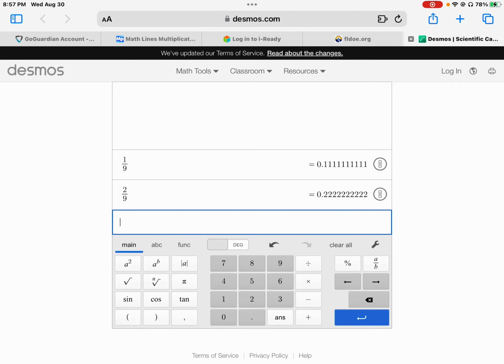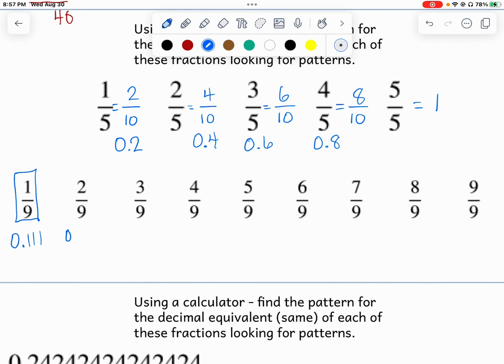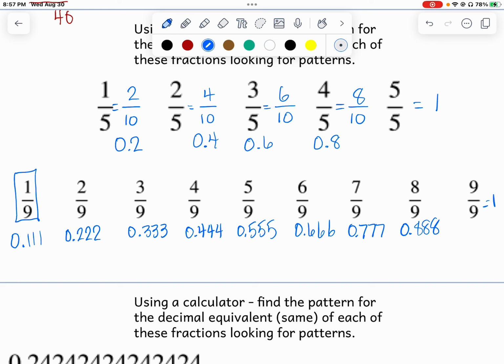Oh, looky. It is 0.22222222 repeating. And the same holds true for everyone. And you want to say 0.9999 for 9 nines, but that is just one whole.